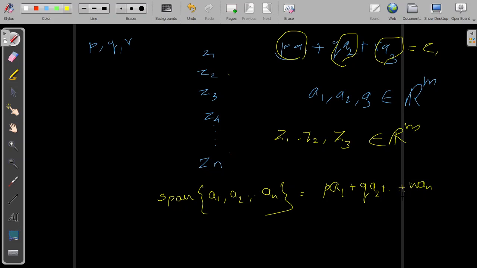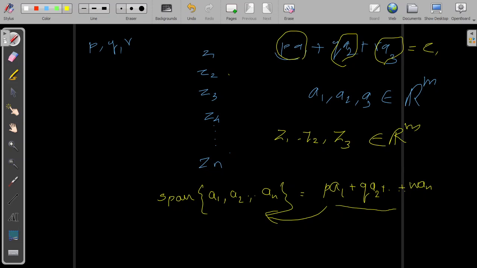Where P, Q, etc., W belong to real numbers. This is what you mean by span of A1, A2, etc., An. Now these A1, A2, etc., An belong to the columns of matrix A, right?